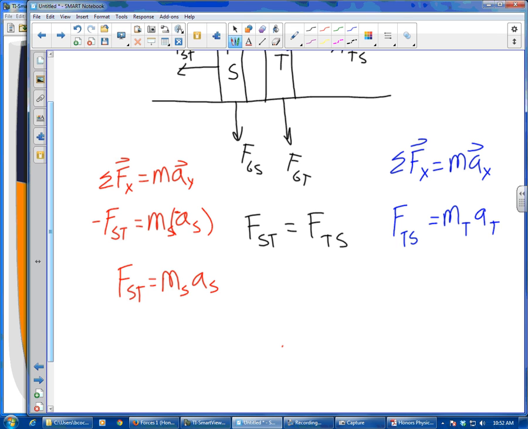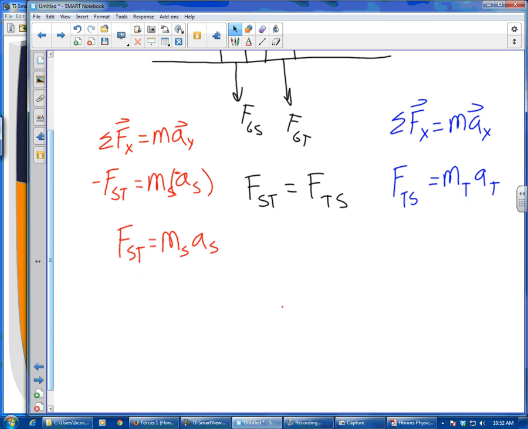So now bringing those together into this relationship, that I know those two forces are equal, I get mass of the sister times the acceleration of the sister equals mass of Tom times the acceleration of Tom.